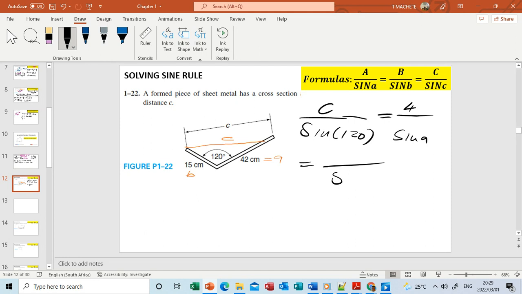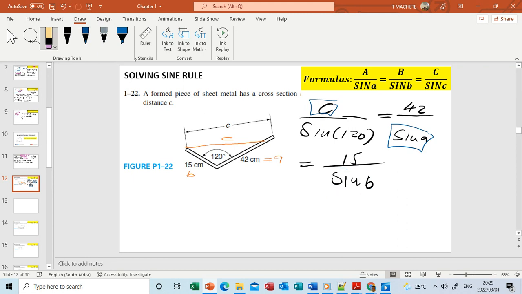For your A, it's 42. Then B is 15. You see there, you've got this one unknown and this one unknown. So you cannot use that. Also, you cannot use this one.